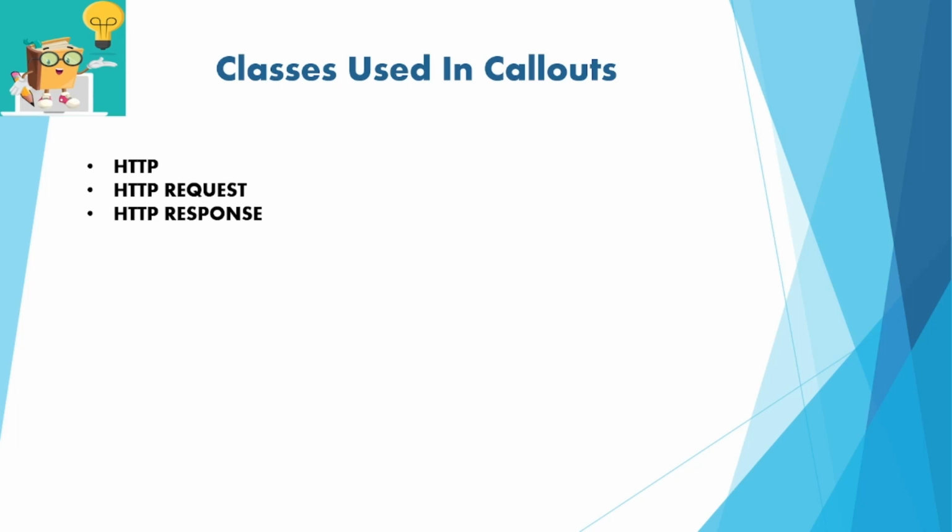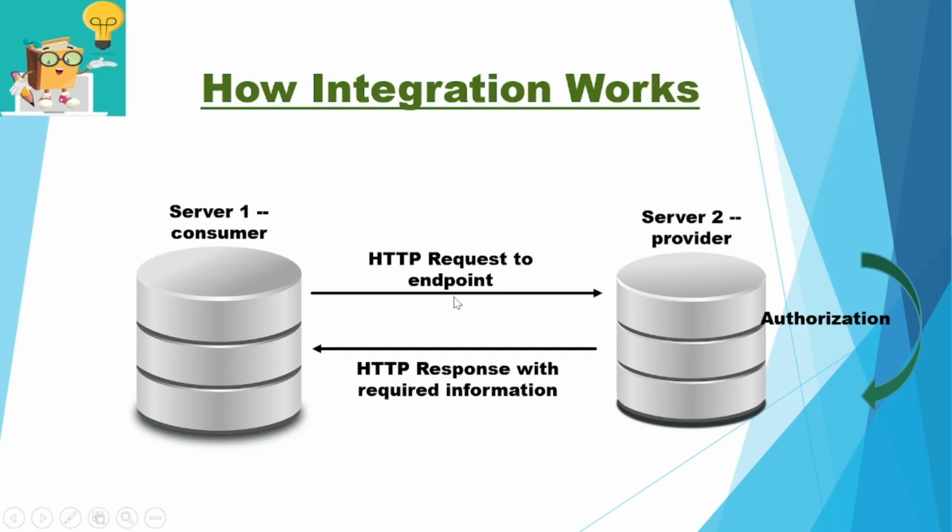So let's say you have a consumer system. We'll go back to our previous model. Your provider will need some kind of input to give the required data, right? So HTTP request will carry that information.